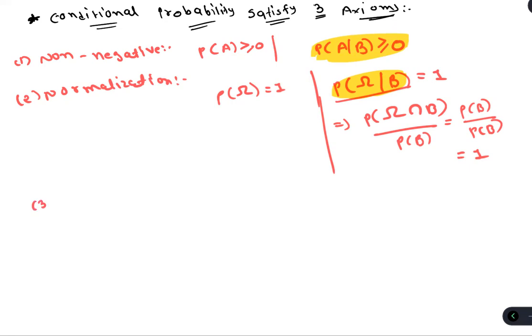Now what is the third one? Previously we saw that the third one is for mutually exclusive events, sorry, mutually disjoint.